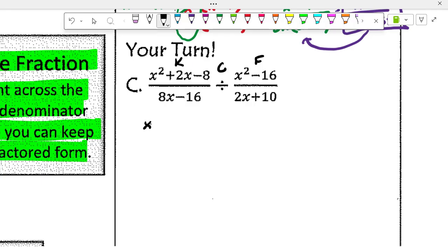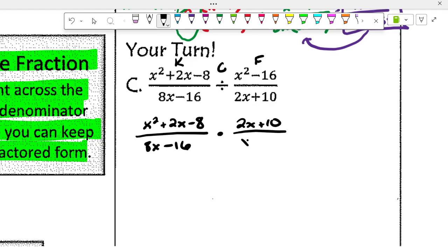So this will be x squared plus 2x minus 8 over 8x minus 16 times 2x plus 10 over x squared minus 16.